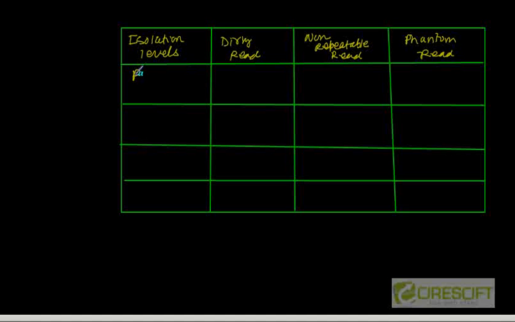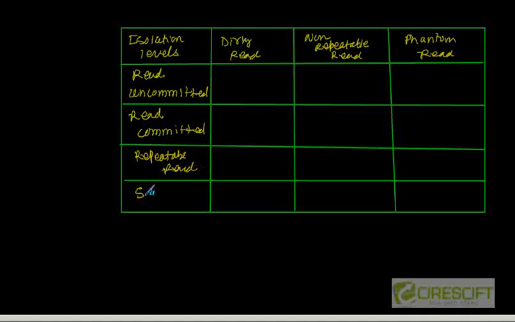Number one is read uncommitted, then we have read committed, repeatable read, and serializable.